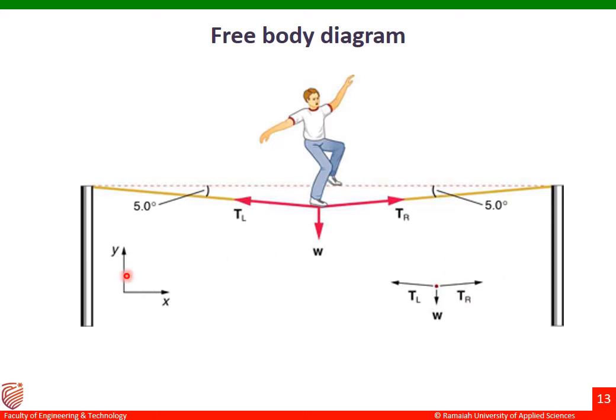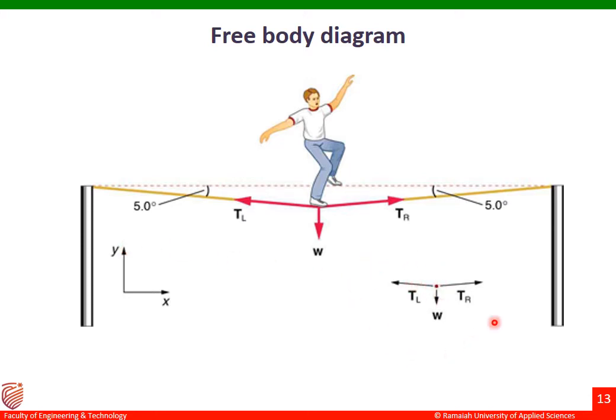And then you have to always identify the axis of reference. Without identifying the axis of reference, it's very difficult to solve the problem, and you can solve it only in some situations. So always we have to identify the axis of reference whenever we draw the free body diagram.